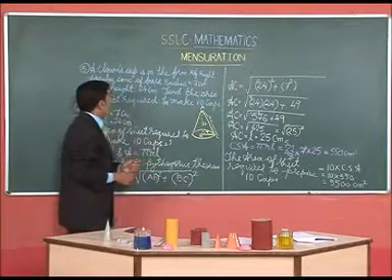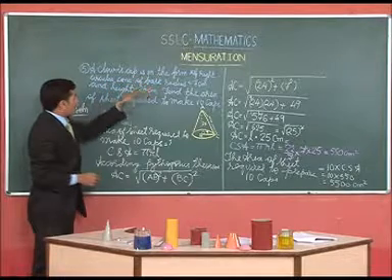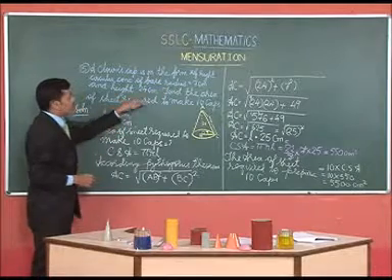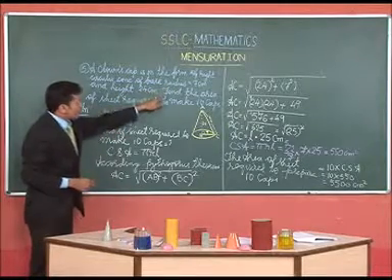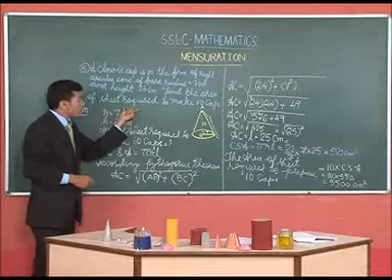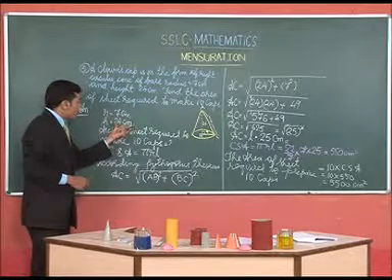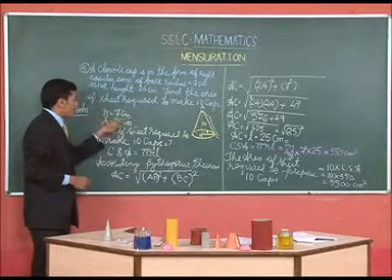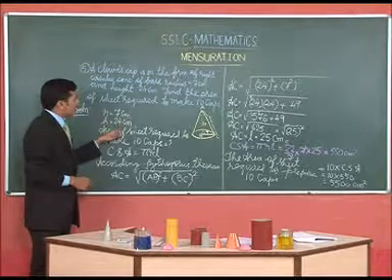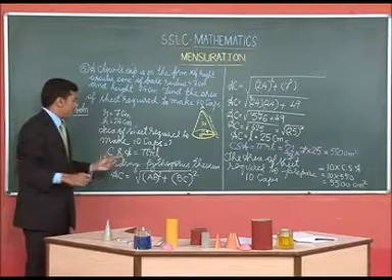In the question, it was a clown's cap in the form of a right circular cone of base radius 7 centimeter and height 24 centimeter. And we were asked to find out the area of the sheet required to make 10 caps. So we have written the given quantities, r equal to 7 centimeter and h equal to 24 centimeter. To calculate the area of the sheet required, we have to calculate CSA.